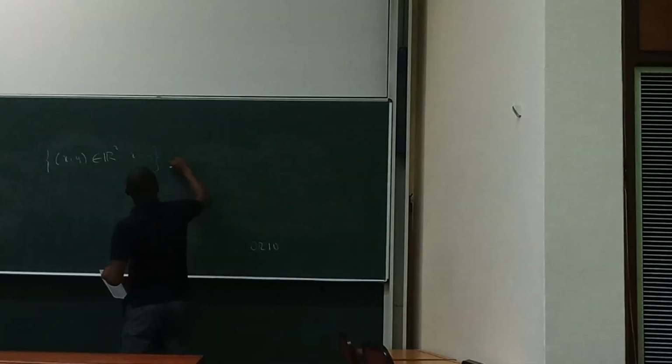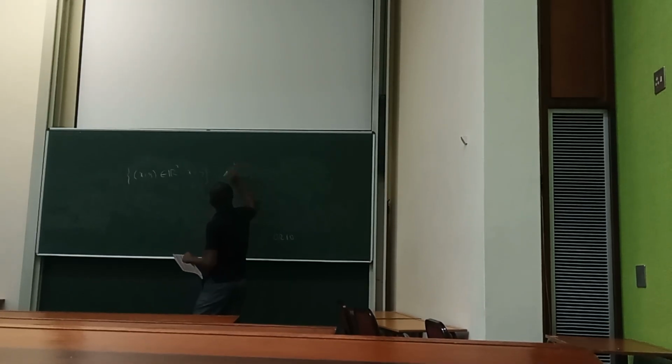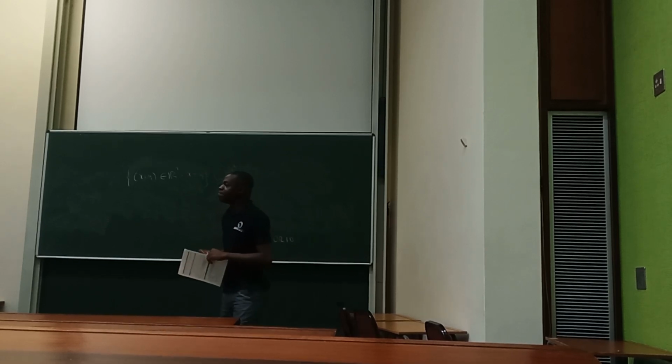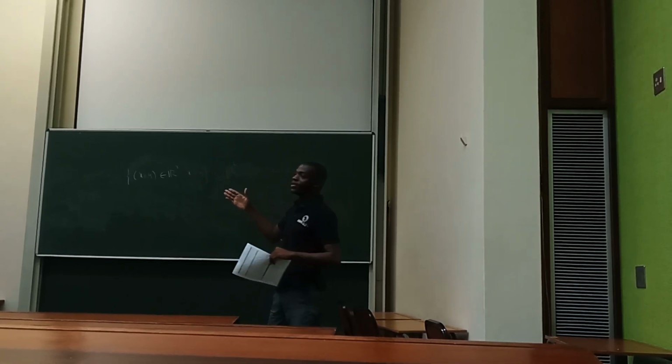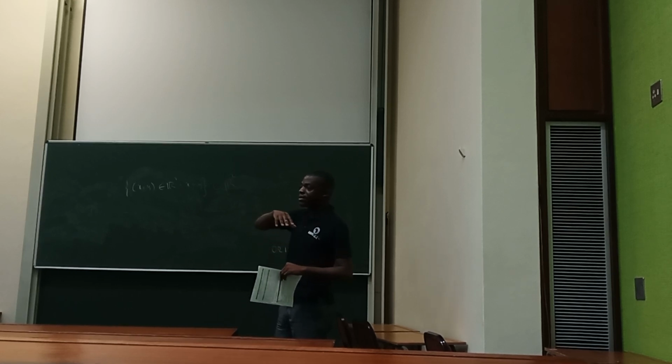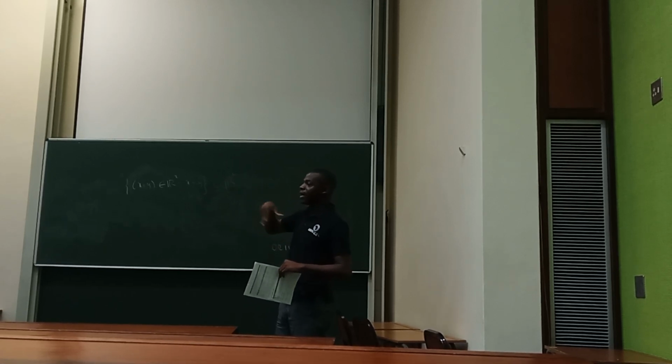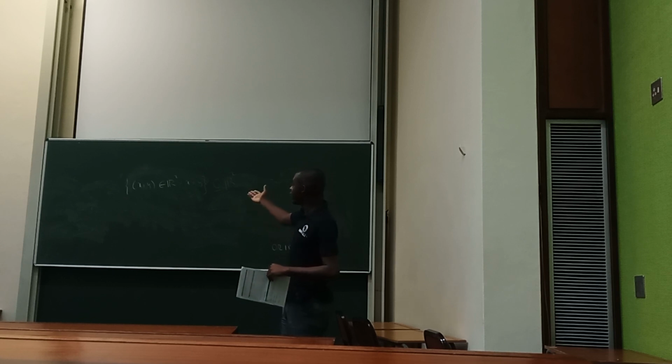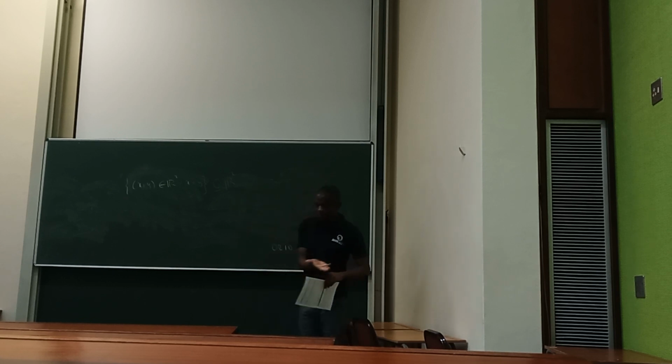We saw that this is actually a subset of R squared. If you want to represent this set, you should represent it in a Cartesian plane, x, y. So you find out that this set actually is a line. It's a line, okay?